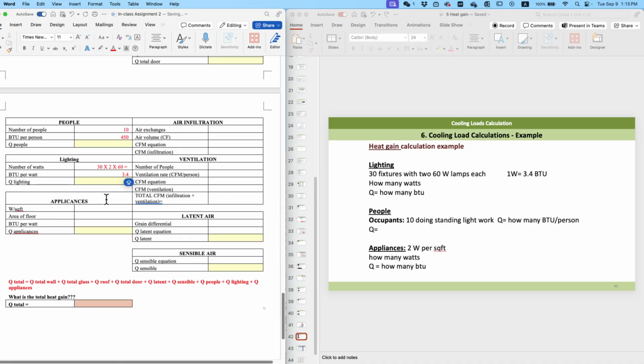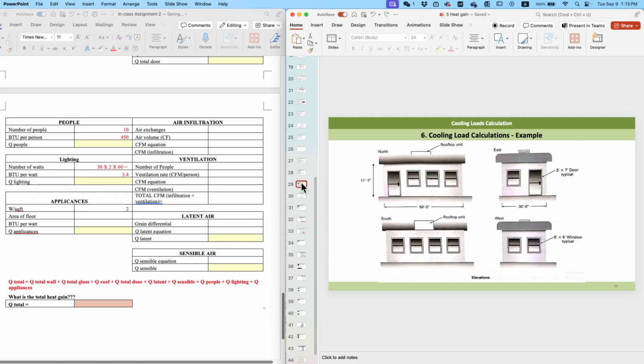And the next one is appliance. The given information is 2 watts per square foot, and the area of the floor. What is the area of the floor? Again, go to the elevation view. We know the long side is 50, the short side is 30.